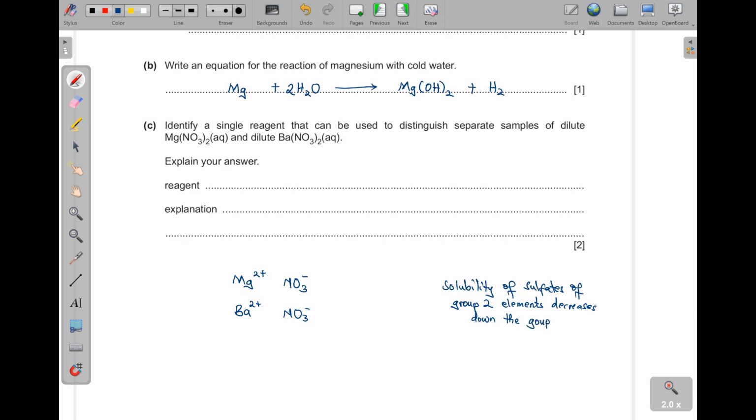But the solubility of the hydroxides increases down the group. So I will just duplicate this, then change where the sulfates are. I put hydroxides: the solubility of hydroxides of group 2 elements increases down the group.